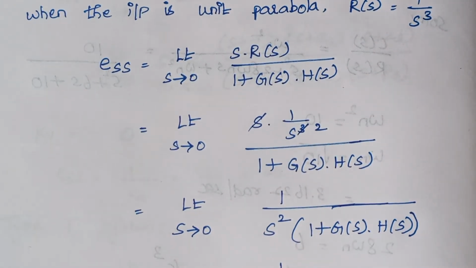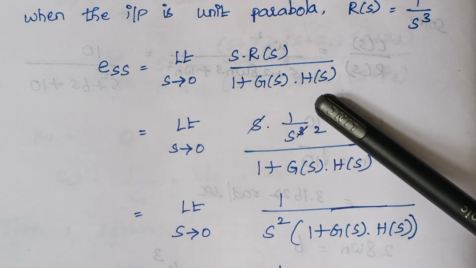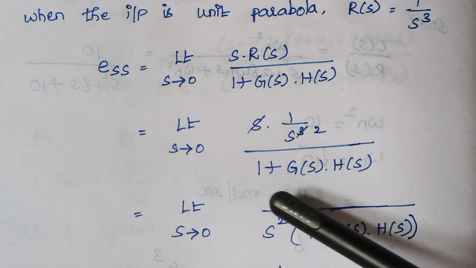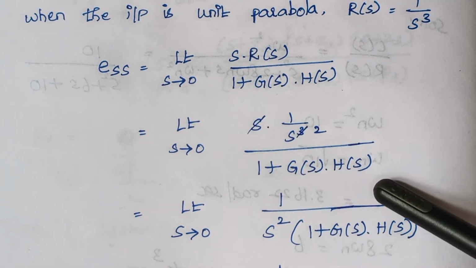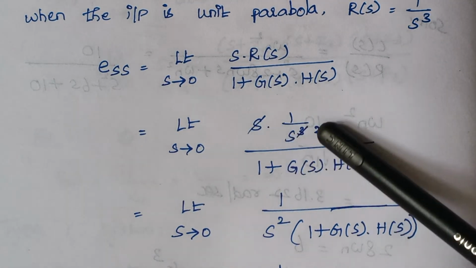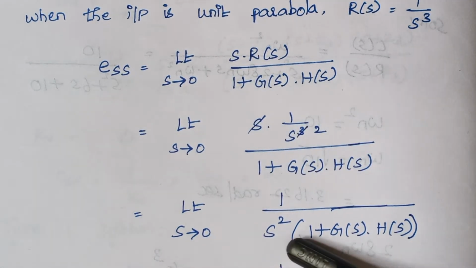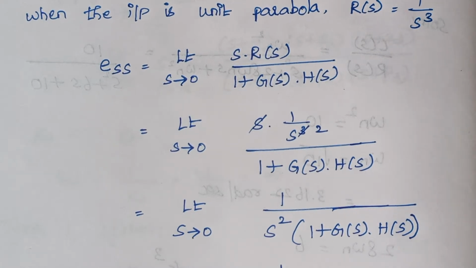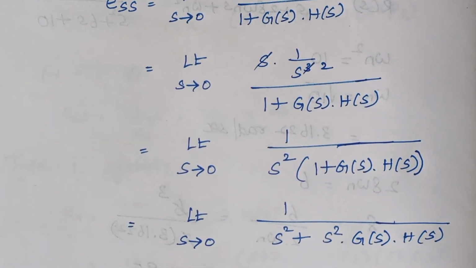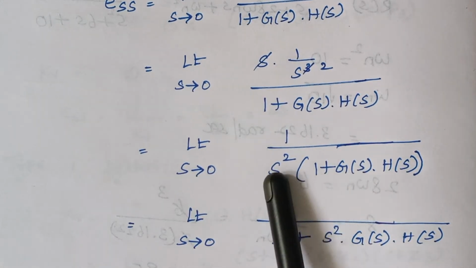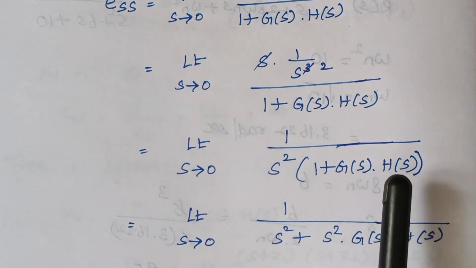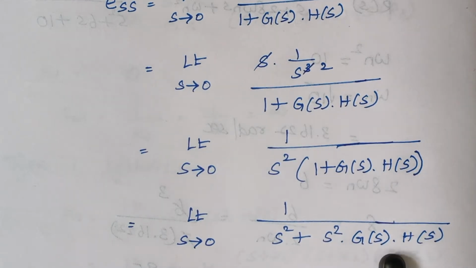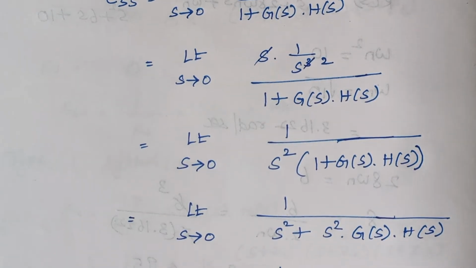The next step is moving this: 1 by s square divided by 1 plus G(s)H(s) can be written as 1 by, moving this s square to the denominator part. And the next step is I am going to multiply the term. So s square into 1 becomes s square, plus again s square into G(s) into H(s). Now I am going to apply the limits here.